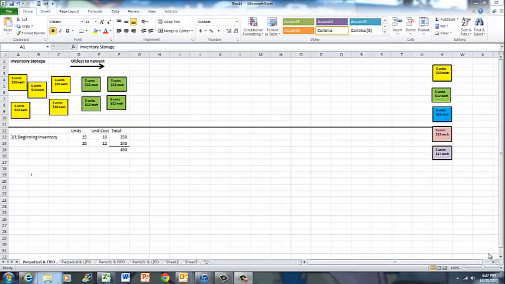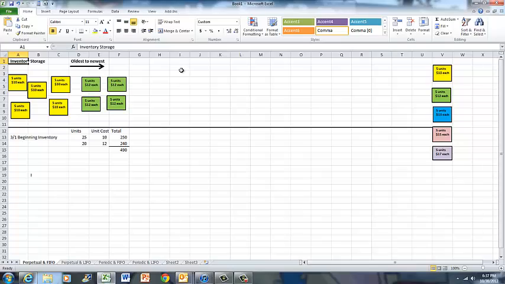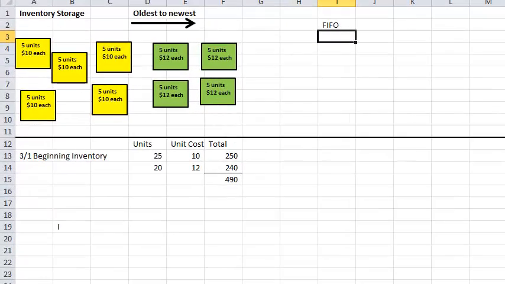In this first example, we're going to be using the FIFO assumption. F-I-F-O. The letters in FIFO stand for first in, first out, and the out refers to sales.